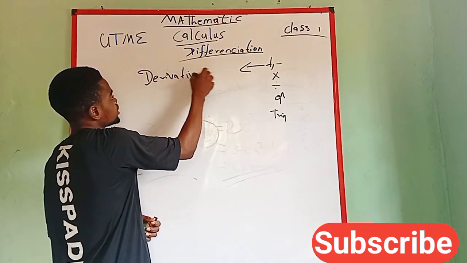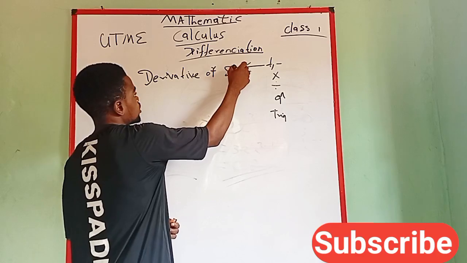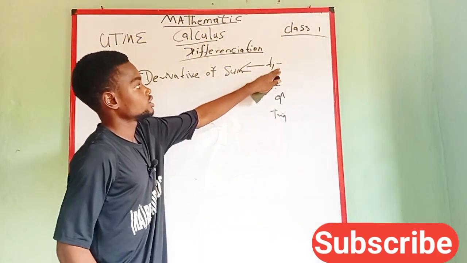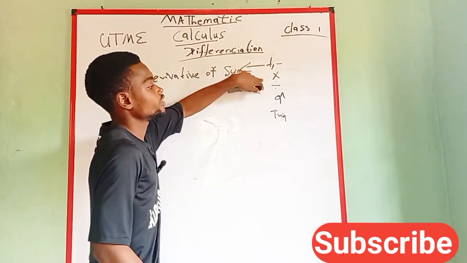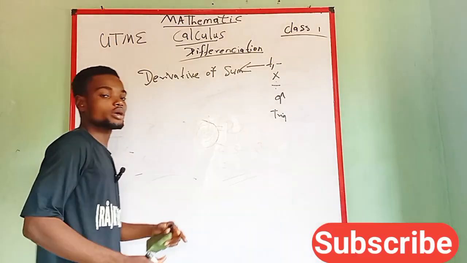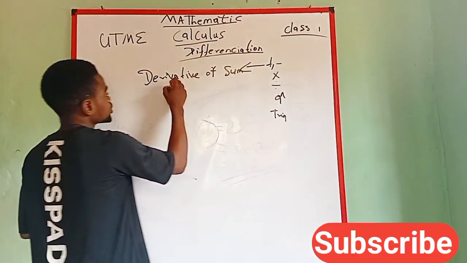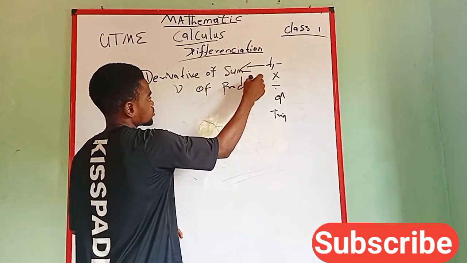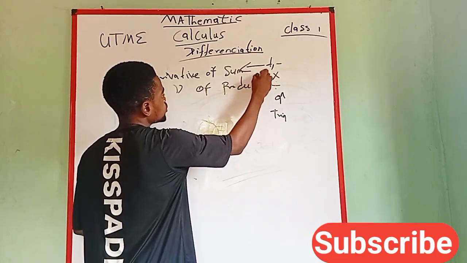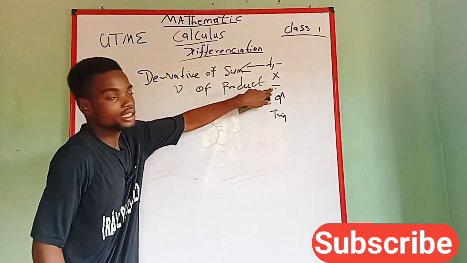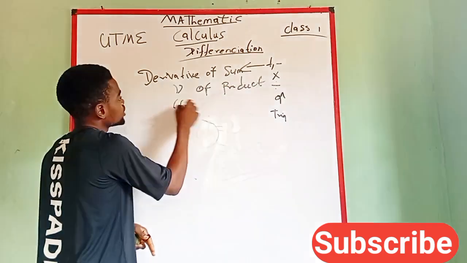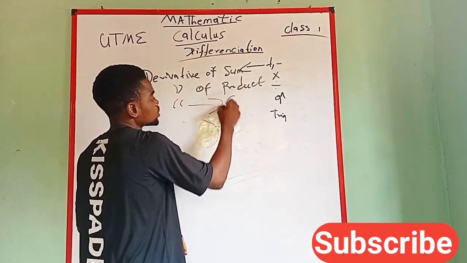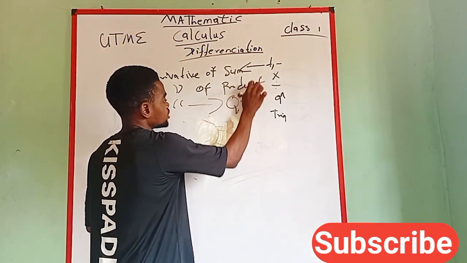Hence, from here, if you're talking about addition and subtraction, we talk about derivative of sum. It is still the same thing with negative. Derivative of sum, talking about addition and subtraction. If you talk about multiplication, we talk about derivative of product. If you talk about division, we talk about derivative of quotient, or quotient derivative.